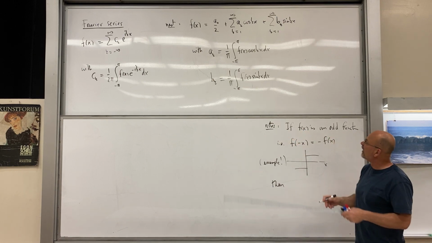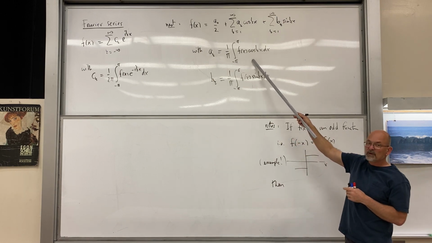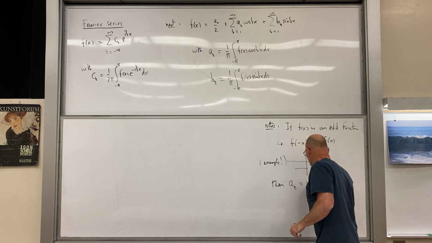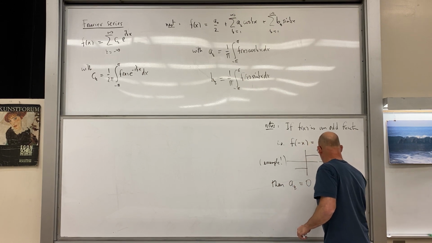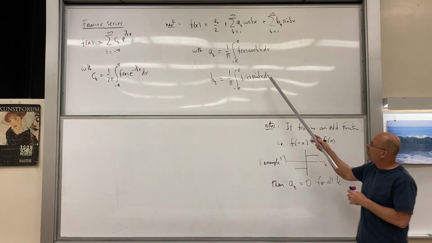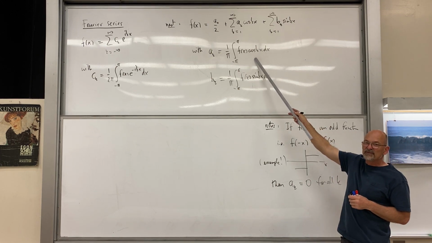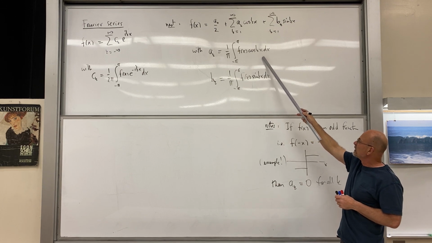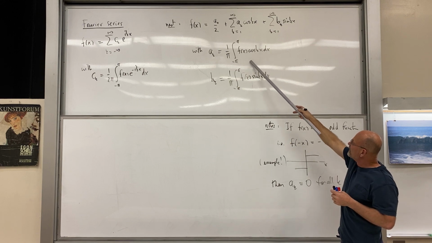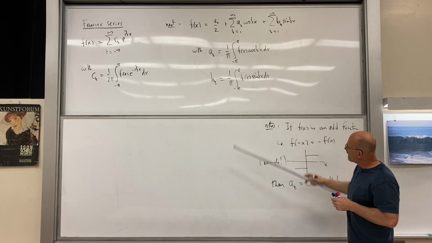Then all of your a sub k's are equal to 0. So then a sub k is equal to 0 for all k. And the reason is that if you have an odd function, cosine is an even function. So when you multiply the cosine times that odd function, you're getting an odd function.